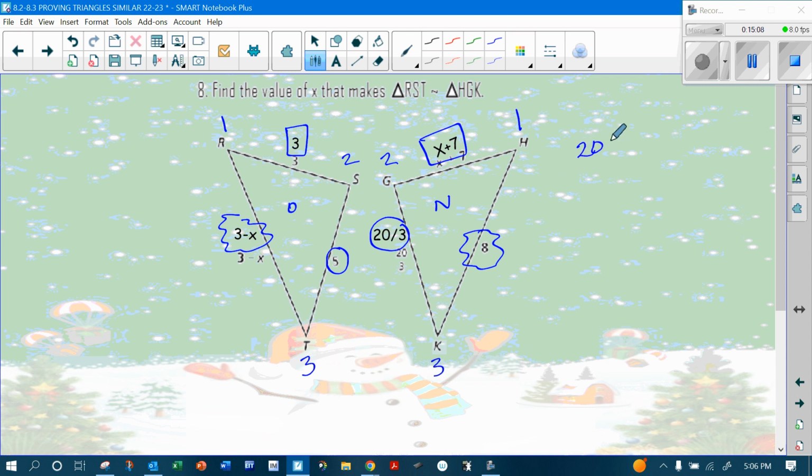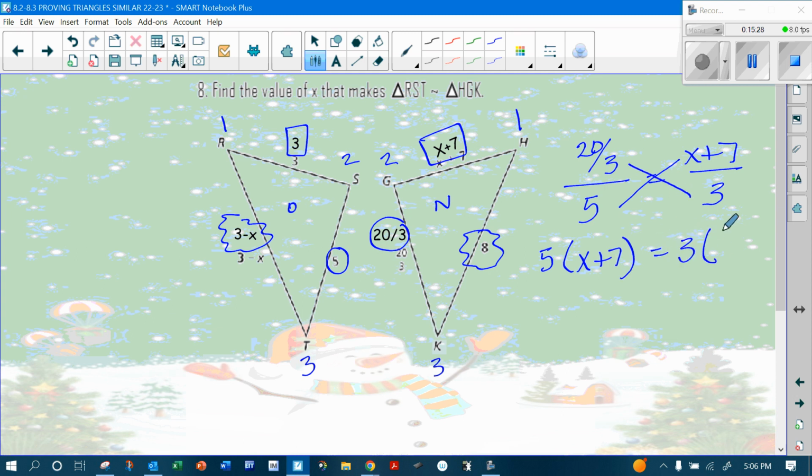So 20 over 3 over 5. So new over old. And then new over old. Okay. So if we cross multiply, we get 5 times x plus 7 equals, cross multiply this way, 3 times 20 over 3.